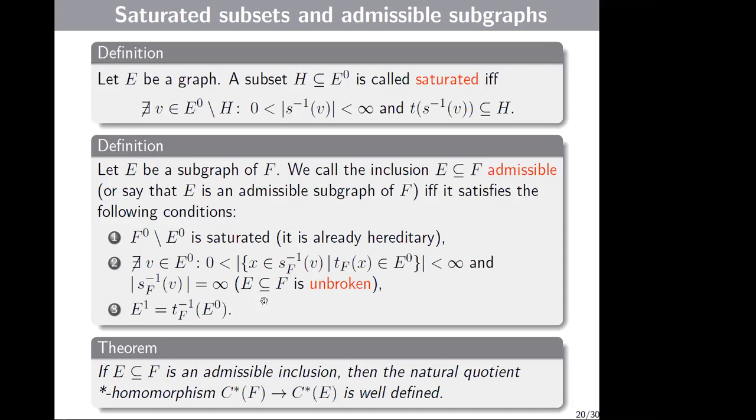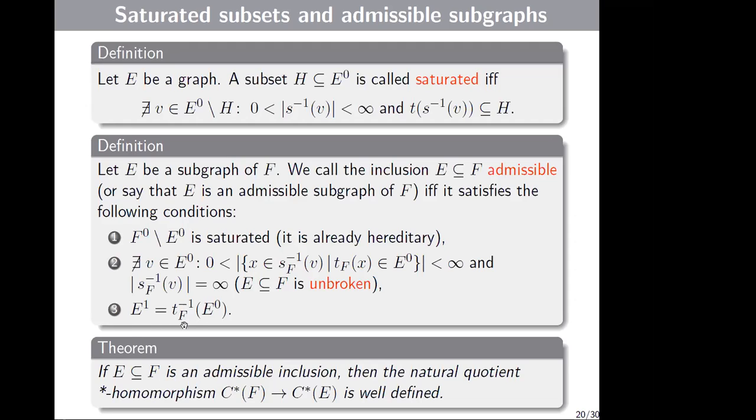And finally, we have a condition which is somehow very easy to understand. Remember, it is very important to look at this label. If you take all vertices in the subgraph, and then you take the pre-image under the target map of the big graph, then we get all edges in the subgraph.